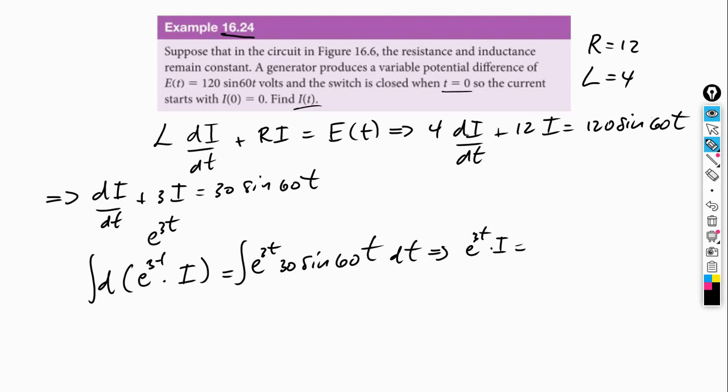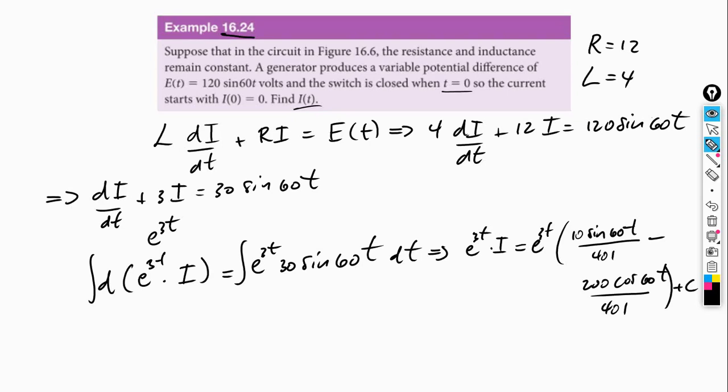then you should get an expression that looks like this: e to the power of 3t times 10 sine of 60t divided by 401 minus, and I'll continue below, 200 cosine of 60t over 401 plus c.